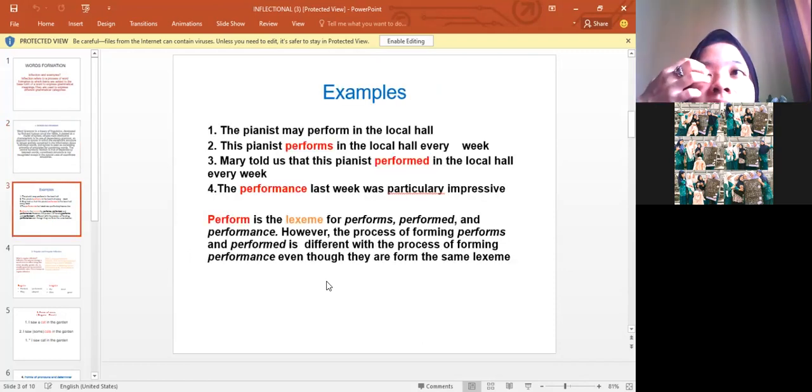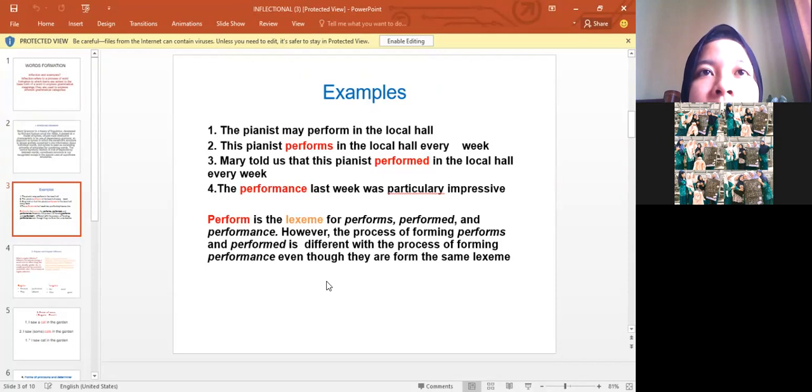We can see the example. The first is the pianist may perform in the local hall. Secondly, this pianist performs in the local hall every week. Thirdly, Mary told us that this pianist performed in the local hall every week.